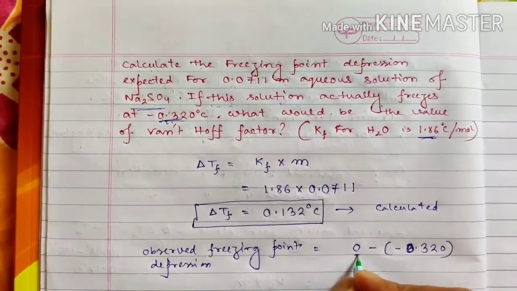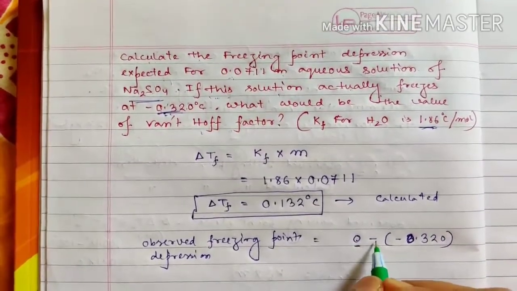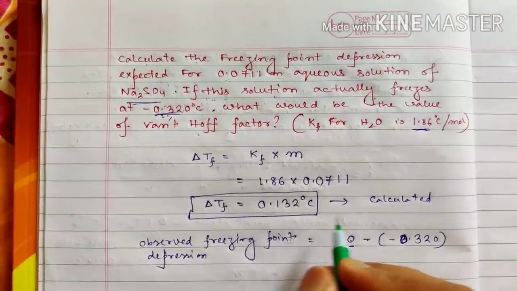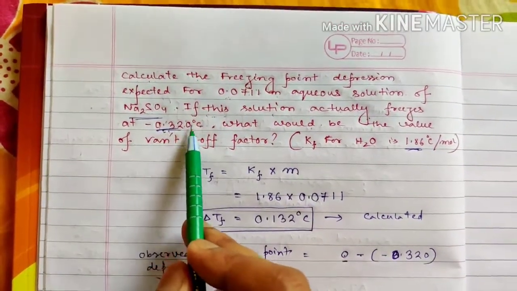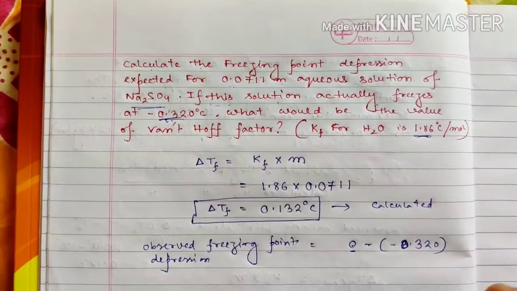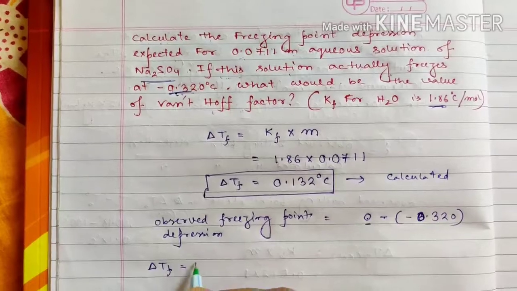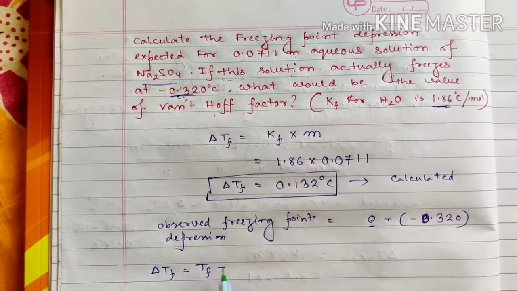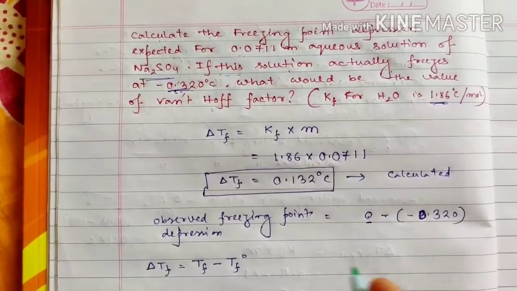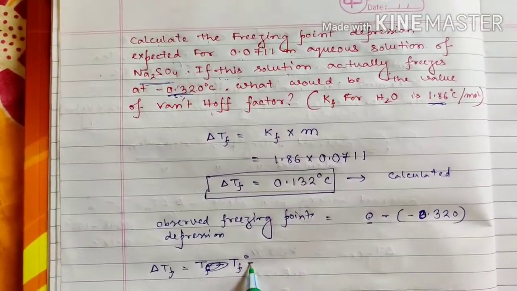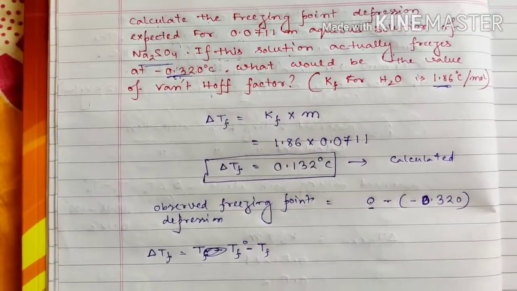It is the freezing point of the pure solvent minus the freezing point of the solution, which is 0.320. One more thing you can do: delta TF is TF minus TF naught, or the opposite, TF naught minus TF.